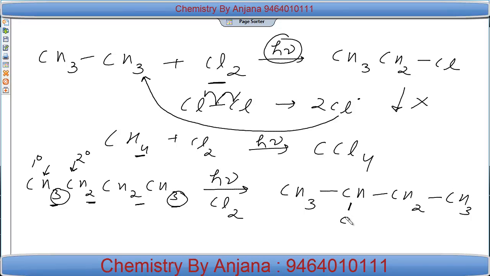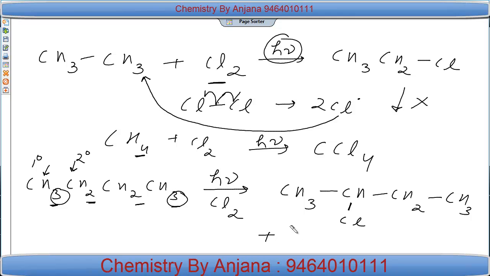So here the product will be 2-chlorobutane, not 1-chloro. These H will be substituted with less probability. So first priority is Cl at the second position. So this product is major in this reaction.